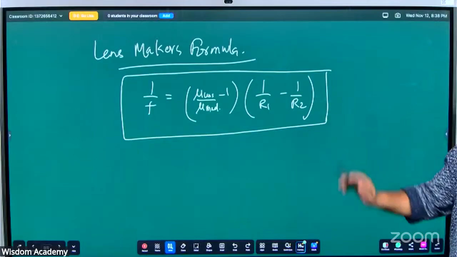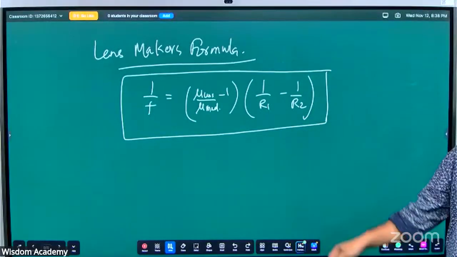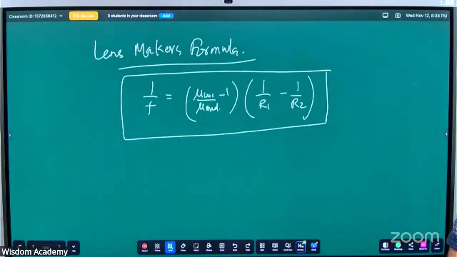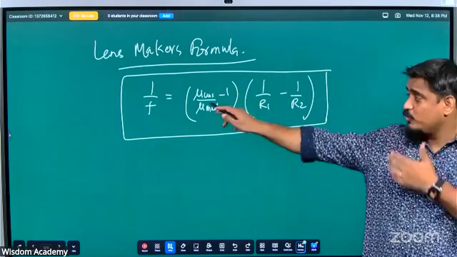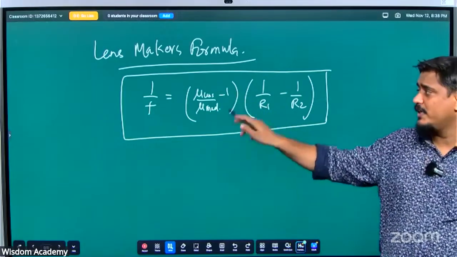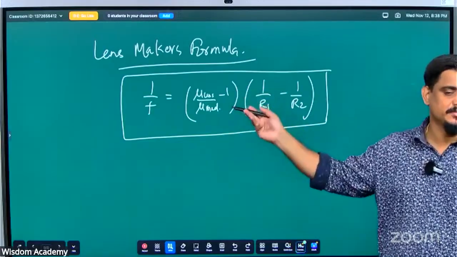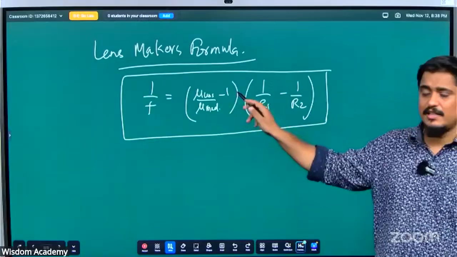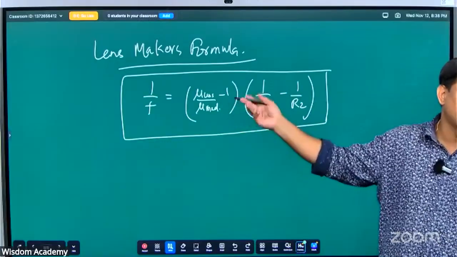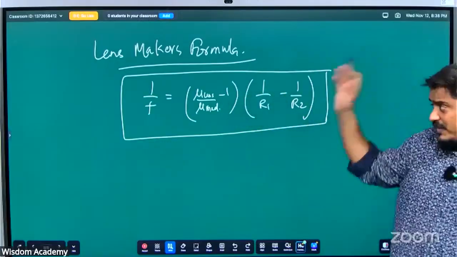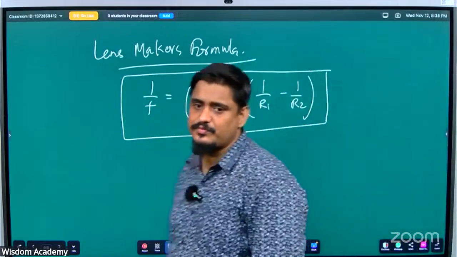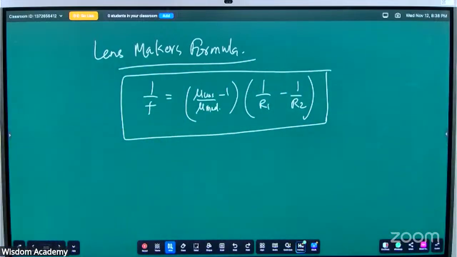R1, R2 remain the same. These two will get cancelled while dividing. In the first case, you will take mu minus 1. In the second case, you will take mu of lens divided by mu of medium minus 1. So in the first case, it will become mu minus 1, second case, it will become mu by, suppose 1.3, by 1.3 minus 1, like that. And everything will get cancelled and you will get the value of f. I hope you're getting my point.